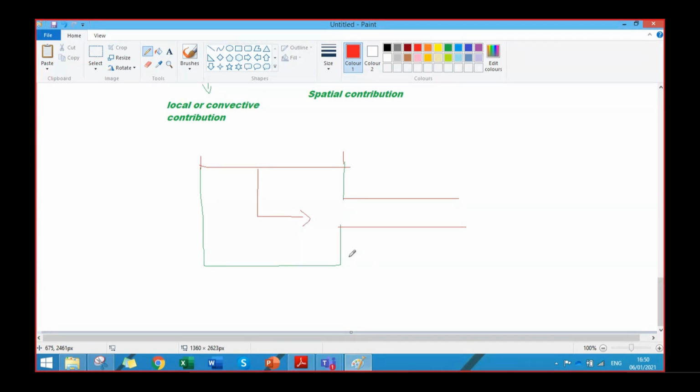Initially, the velocity will be high. Why? Because there is a large amount of head in the water, so that will give us greater velocity. But that velocity will be fixed at all points along this pipe. It will be constant throughout this pipe, right? So there is no change in velocity with respect to location, with respect to spatial coordinates.